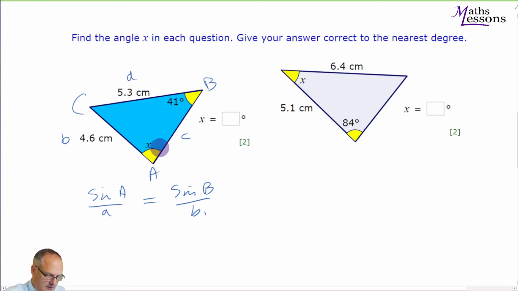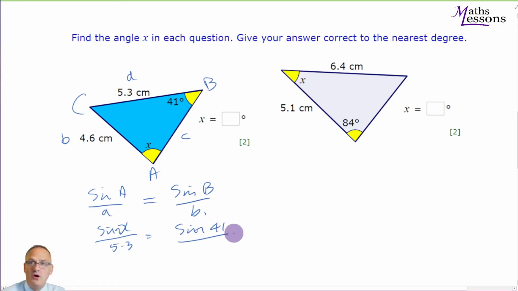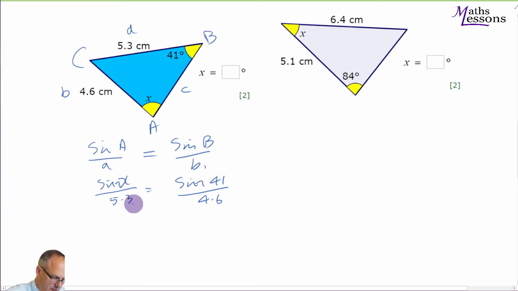Sine A, so we don't know A, we know that it's x. So we've got sine of x over 5.3 equals the sine of B, which is sine of 41 over 4.6. So just moving that up.